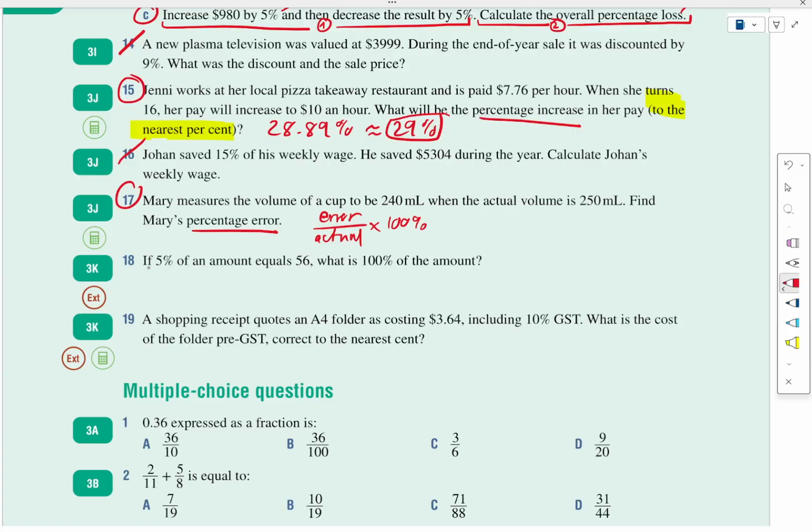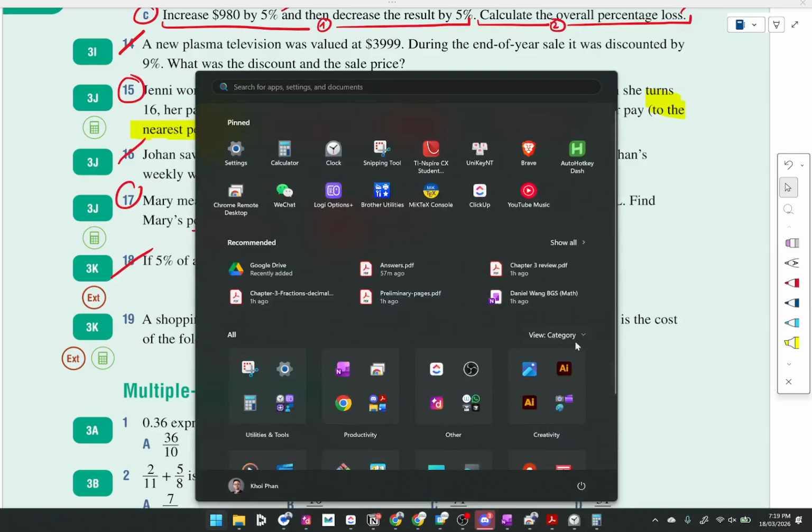$1,120. Yep, 1,120, 19. Watch out. This question is a bit different.